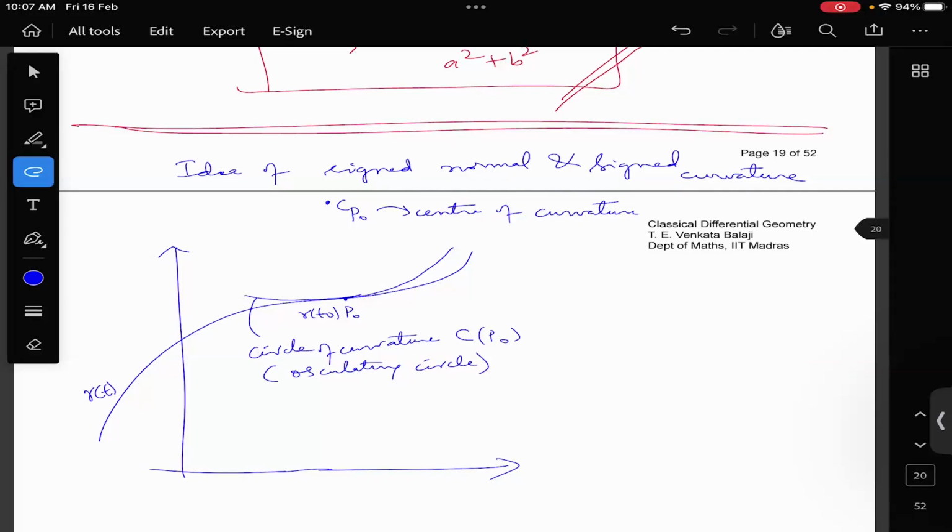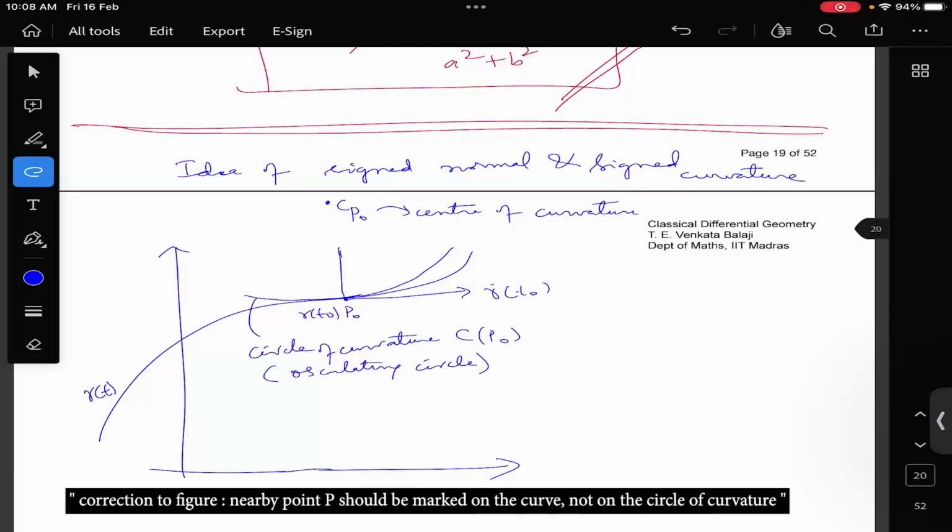Now, what we did was we wanted to get a formula for the center of curvature. If you recall, at this point p naught there is a tangent vector given by gamma dot of t naught, and then you have to take the normal line to that.